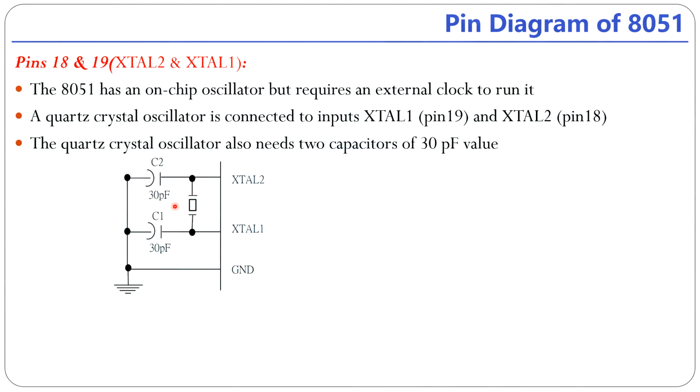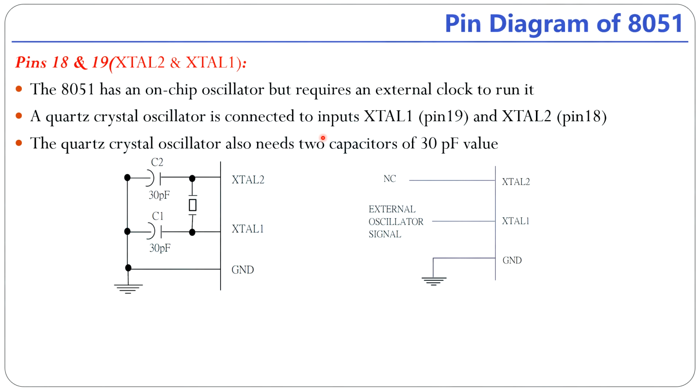One terminal of the crystal oscillator is connected with a 30 picofarad ceramic capacitor, whose other terminal is connected to ground. Another capacitor is also connected with ground, with its other terminal connected to the crystal oscillator, at XTAL1. This is the way of connection with the 8051 microcontroller.